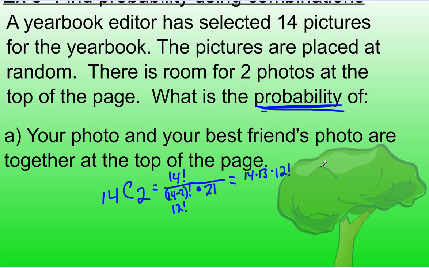Down the bottom, we've got a 12 factorial times a 2 factorial. This whole 12 factorial and that whole 12 factorial will cancel each other out. So what you're left with is much smaller. You've got just 14 times 13, over 2 factorial, which is 2 times 1, and that simplifies to 91.